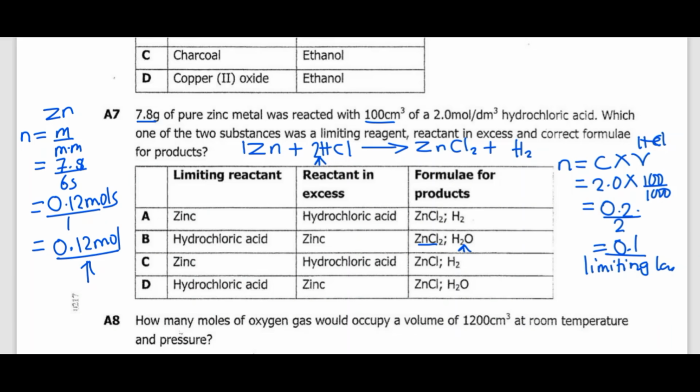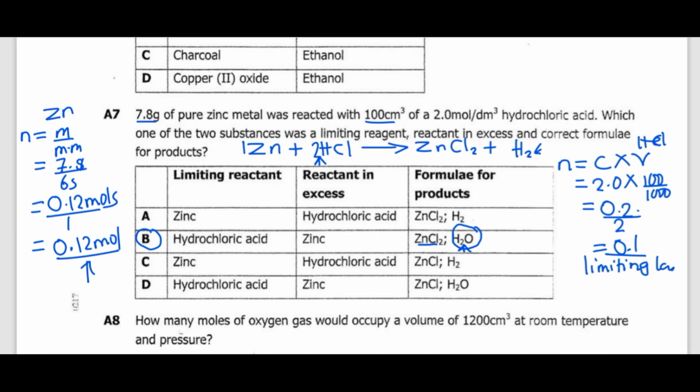So the answer must be B, but we can't produce water. There is no way in which a pure metal can produce water whenever it reacts with an acid. So we are expecting to have hydrogen. So the answer is this one.